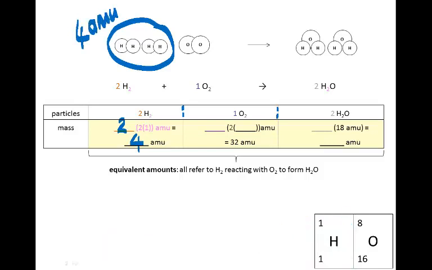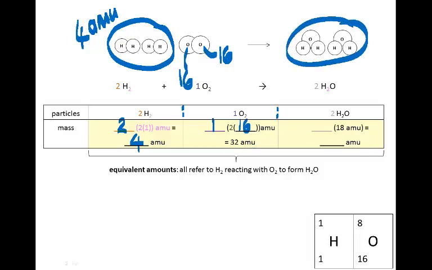4 atomic mass units is the mass of these 4 atoms of hydrogen, in other words, the 2 molecules of hydrogen. And 1 oxygen molecule would have a mass of 1 times 2 times 16 atomic mass units, because this one has a mass of 16 atomic mass units and this one 16. So the 2 together have a mass of 32 atomic mass units. The 2 water molecules would have a mass of 2 times 18 atomic mass units. Why 18?